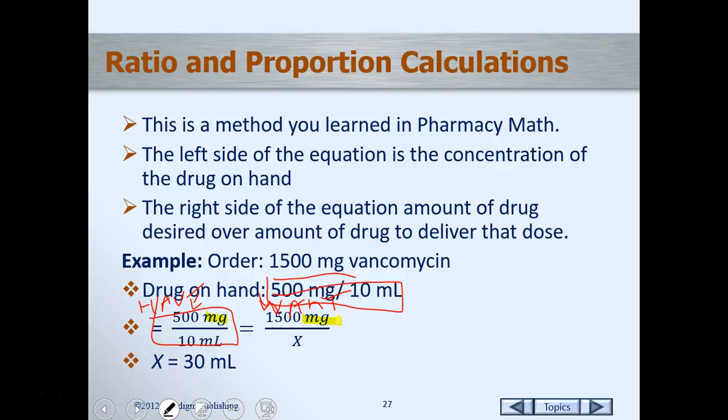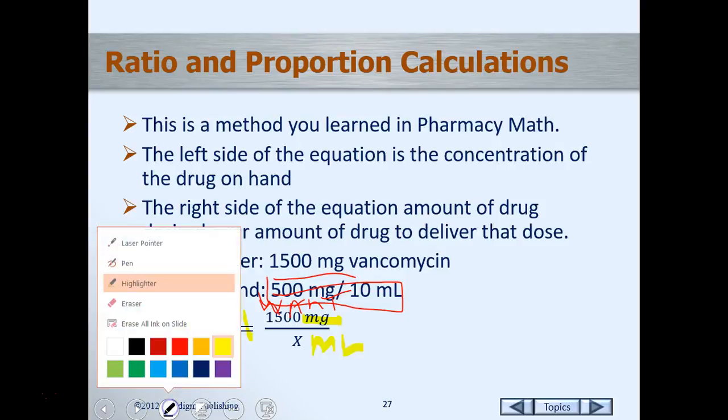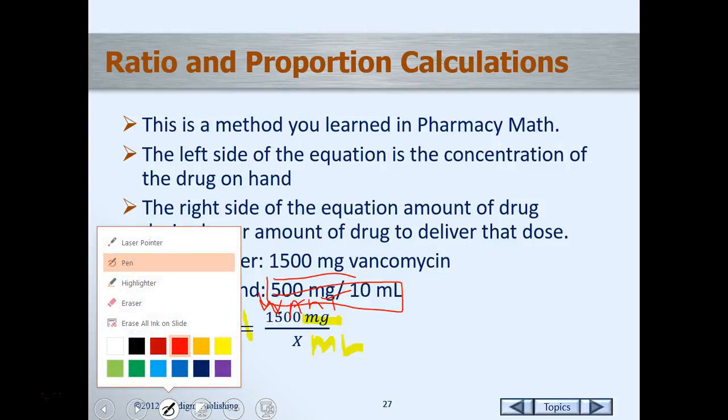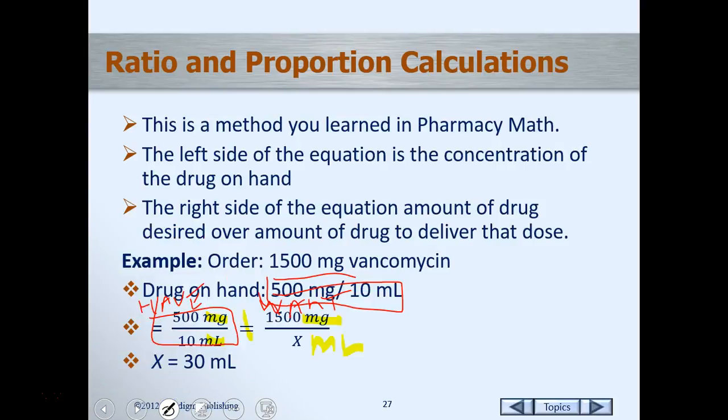Now, this is like a balance beam. We have an equal sign. So whatever's on top on one side has to match on the other so that they're equal. So that tells us that if we have milliliters over here, then our answer will be in milliliters. So then we would go through this problem, doing our calculations and isolating x.